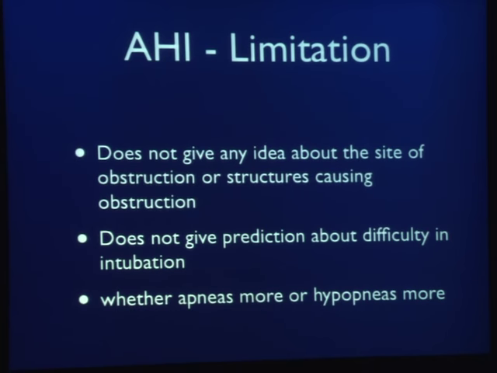If a patient has only a palatal collapse, giving an AHI of 70 or 80, you put in a nasal airway, and you can ventilate and intubate the patient beautifully. If the patient has a huge base of tongue, even with an AHI of 30 or 35, the moment you induce, the whole thing will fall back and the anesthetist will not be able to see anything. So a severe AHI does not mean that the patient is a difficult intubation case.